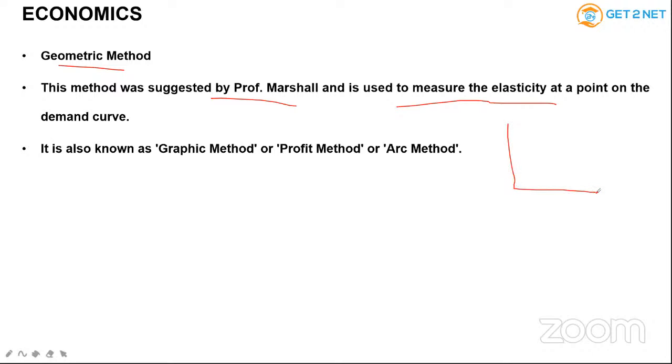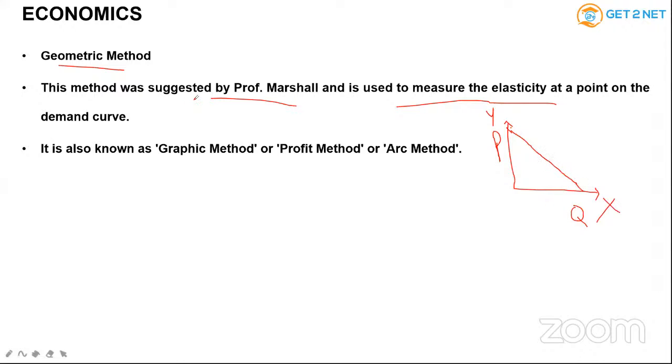Always remember the demand curve is always downward sloping. This is the shape of a demand curve. Let's say X and Y. X-axis is always quantity. Y-axis is always price. So this is the demand curve.